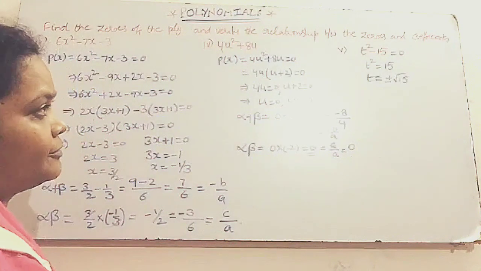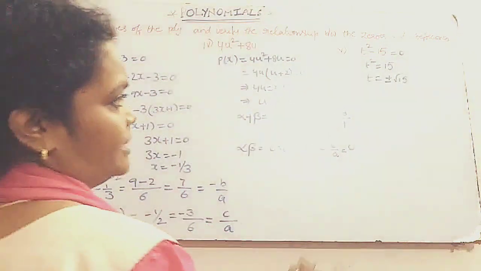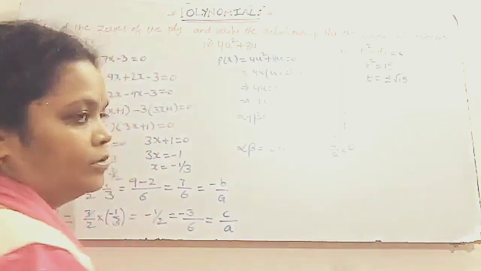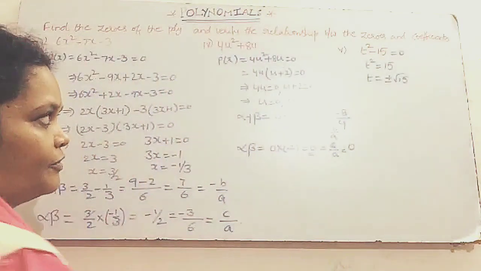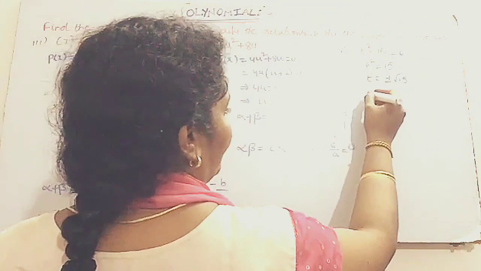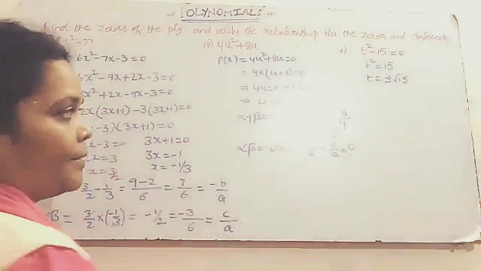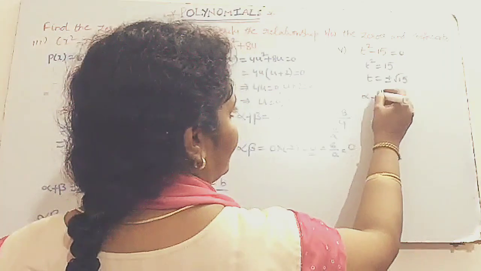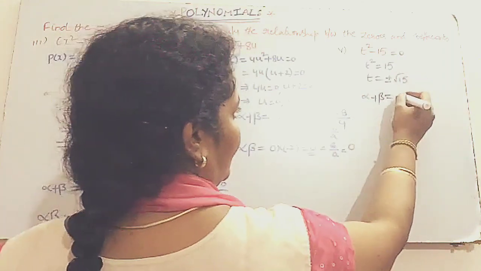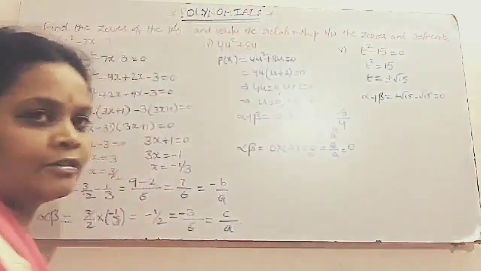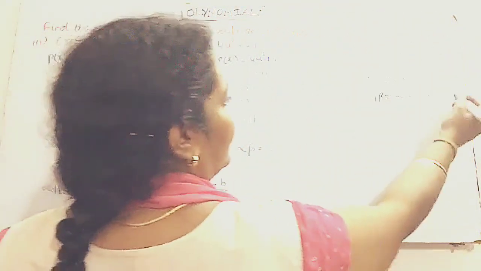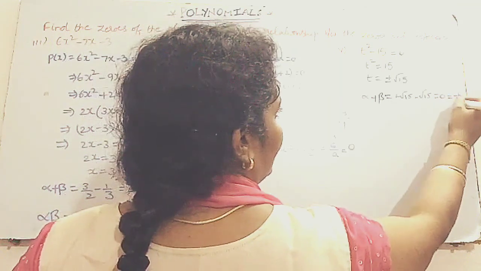I will write 15 as 5 3s are 15, but no square roots are there. That means t = plus or minus root 15. So sum of roots, alpha + beta = root 15 - root 15. That is equal to 0. That means here the b term is not there, so -b/a is 0.